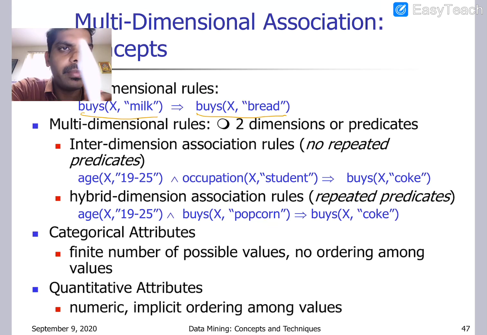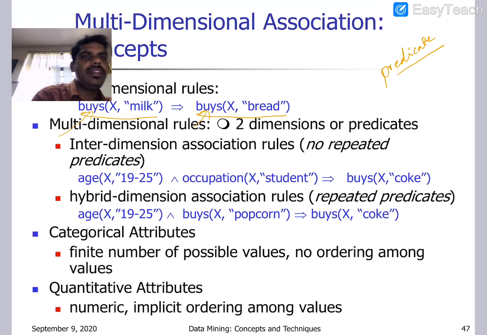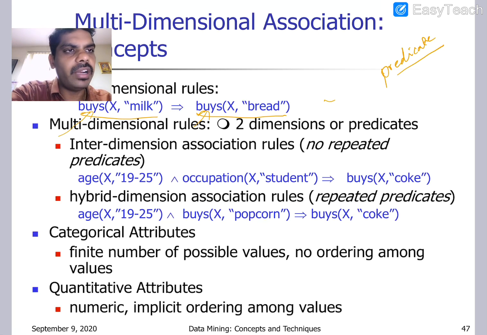How many attributes, how many dimensions are there? Only one dimension. This is the predicate, because we are going to predict. So buys X milk, buys X bread is the statement given, and only one predicate is there.